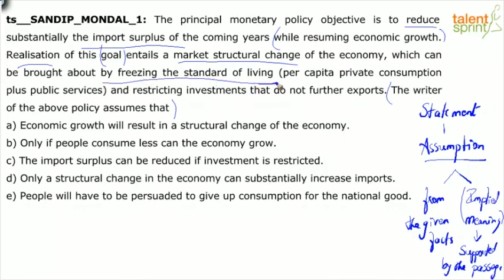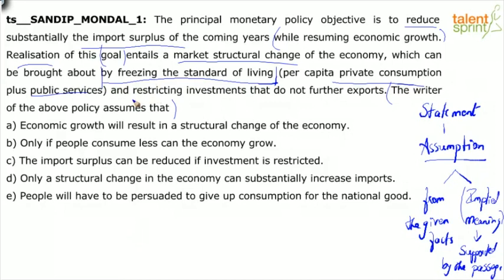Freezing the standard of living. And how is that going to happen? So basically you freeze on private consumption plus public services. So basically you're going to hit on ensuring the consumers don't consume much, whether it's private or public.